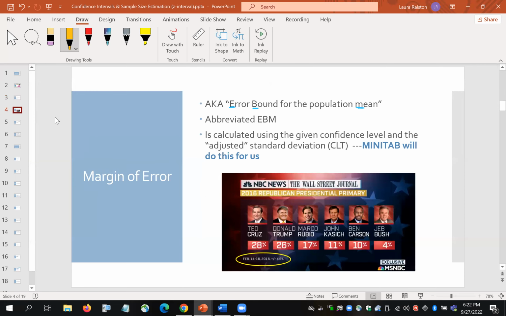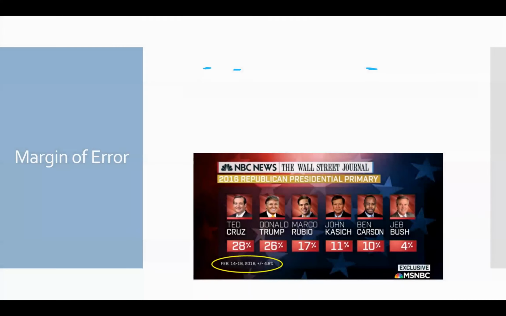I wanted to give you an idea. The margin of error is also sometimes called the error bound for the population mean. The margin of error is what you hear in a news report, like the one I have the diagram for here from the 2016 presidential primary.